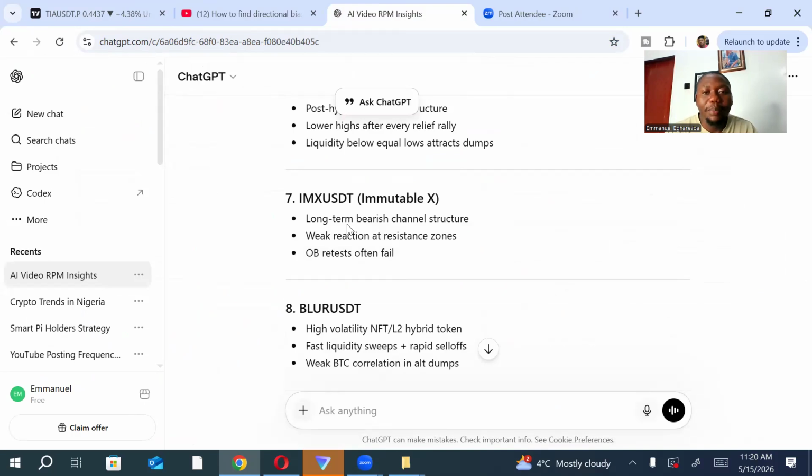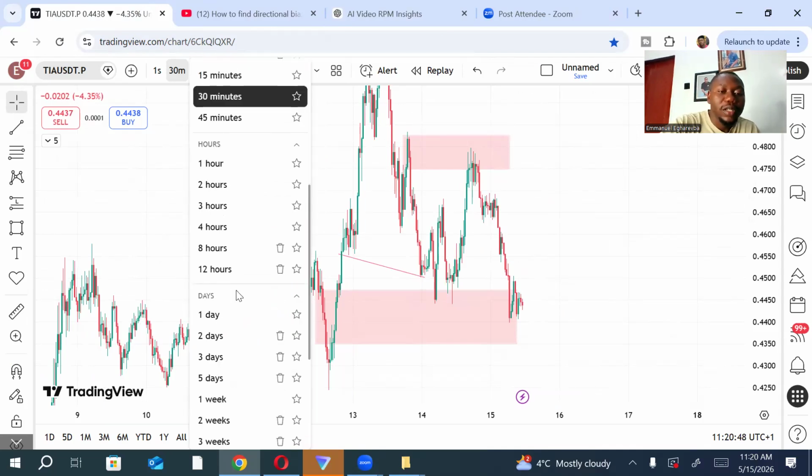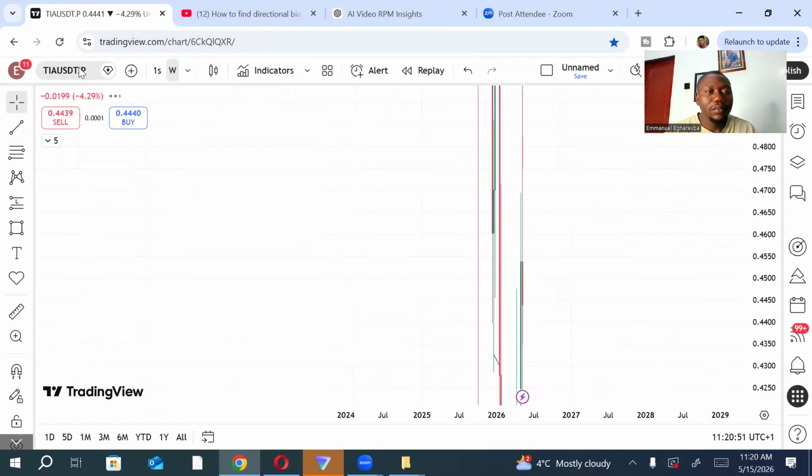IMX, long-term bearish channel structure. Let's go to long-term. So let's look at the weekly first.